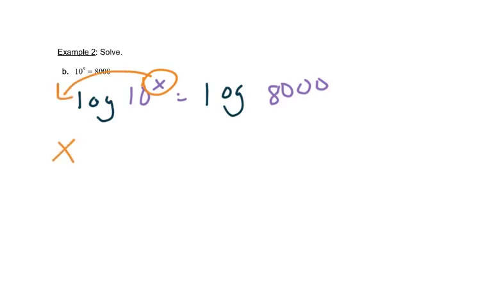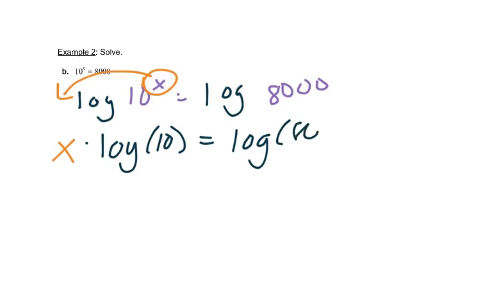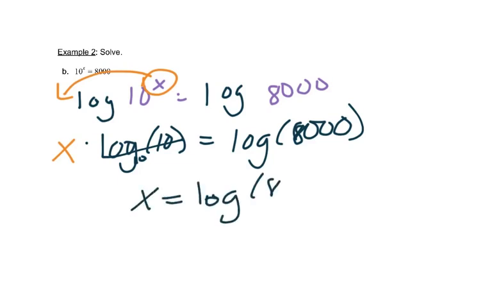We're going to bring that x out in front, so now we have x times log of 10 equals log of 8,000. Now remember, log has a base of 10, right? So that means that this really just cancels out. It's just 1. And actually, so we don't have to do anything else to solve this. It just is equal to log of 8,000.